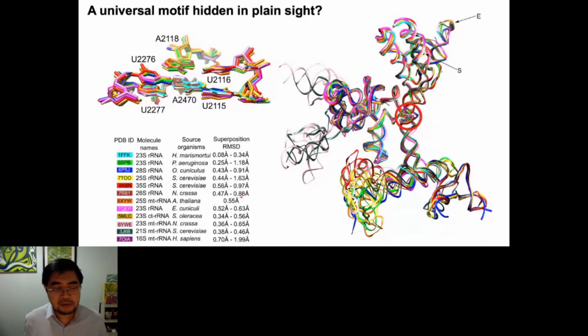It also includes the mitoribosome. So all these diverse RNA structures contain this particular motif. So could it possibly be a universal motif that's hidden in plain sight?